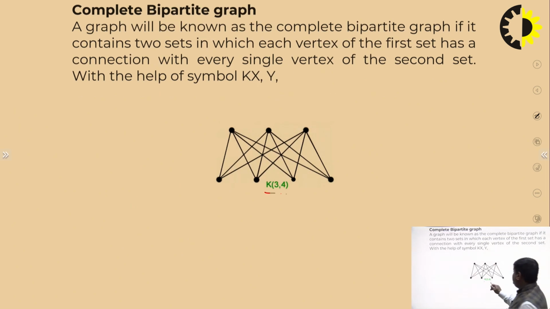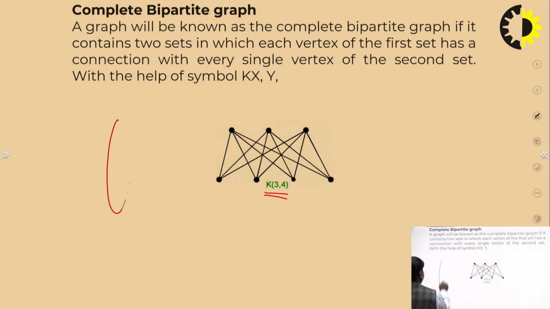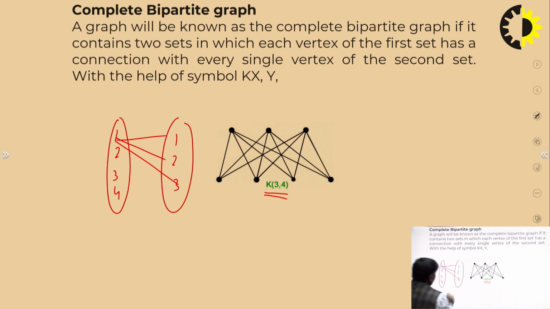Now here is a complete bipartite graph. That is very simple, K3,4. Here is 1, 2, 3, 4, 1, 2, 3. Each node is interconnected to each node of the other set.